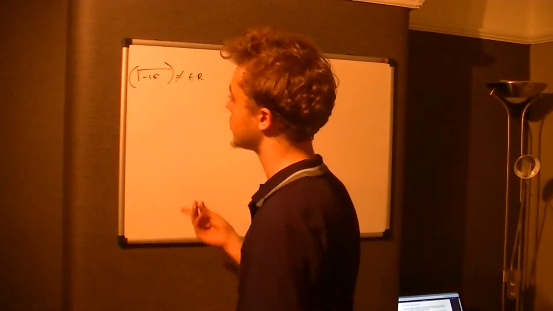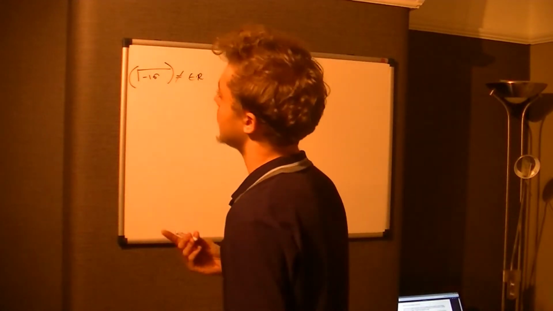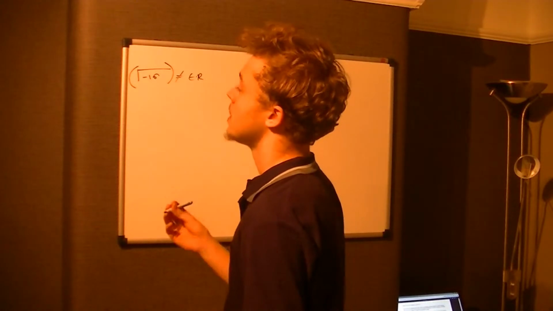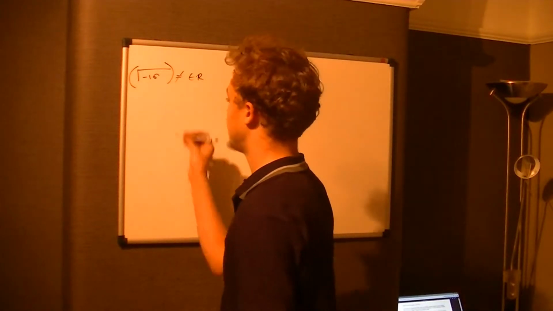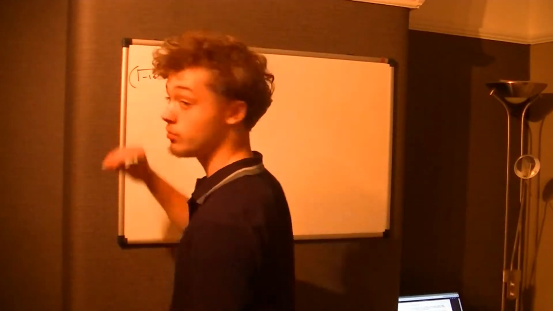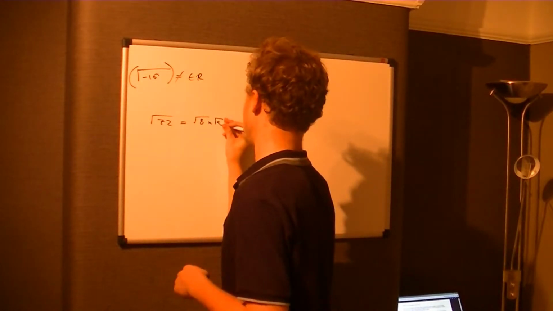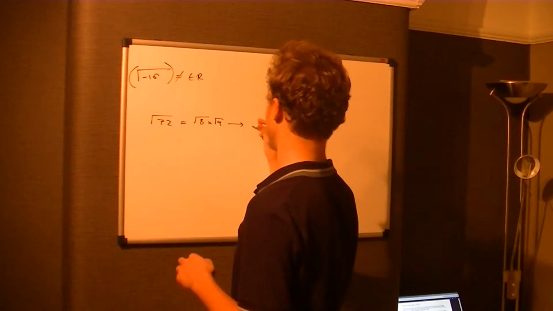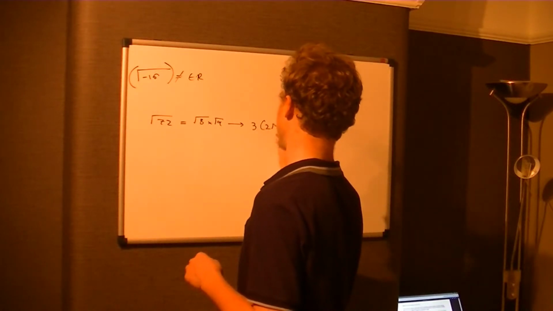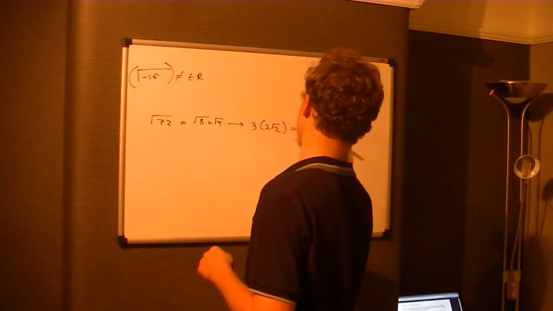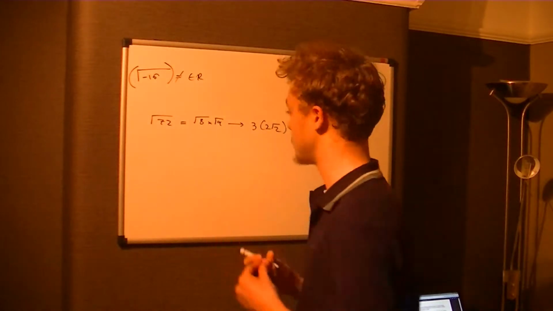Now, what you would do in a surd format, say if this wasn't root 16, let's say if this was root 72, for example, just to remind you what surds were. 72 is 8 times 9, so it'd be root 8 times root 9. So therefore, it'd be 3 times 2 root 2, which is obviously 6 root 2. That's an obvious surd.